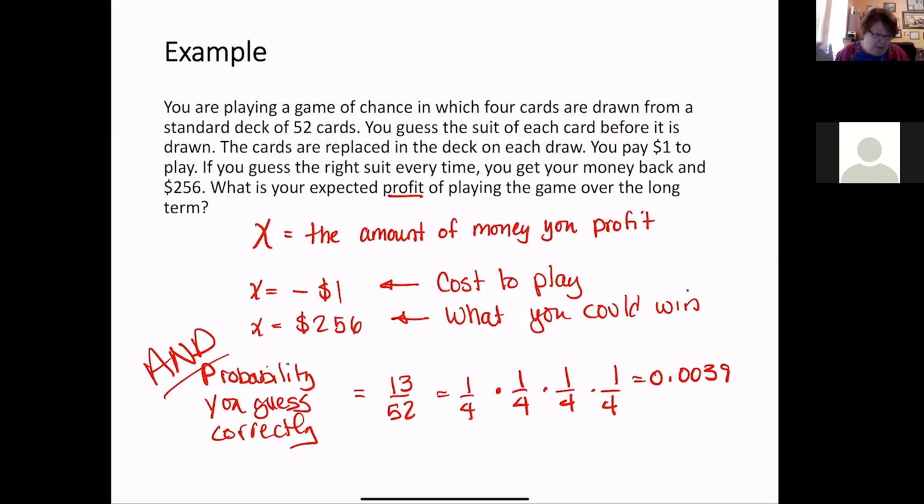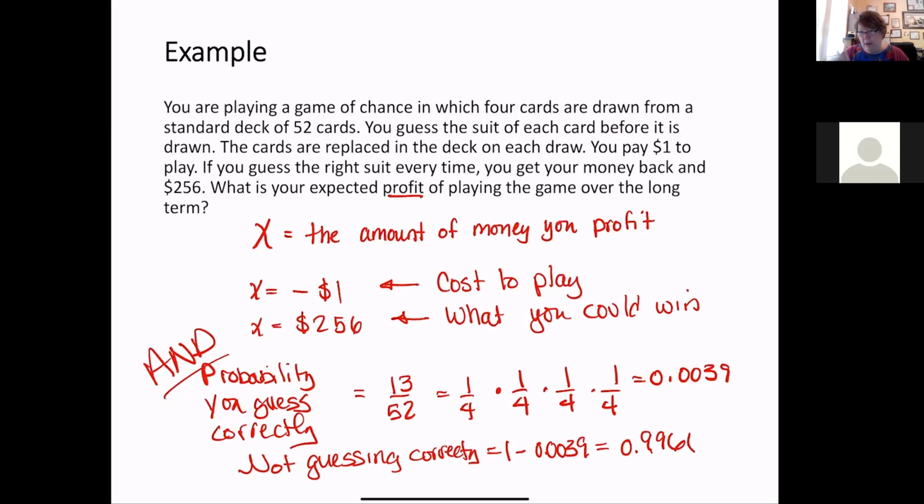Okay, so now what have we got? So the probability of you not guessing correctly is 1 minus this, which is 0.9961. So how do you find the expected value?